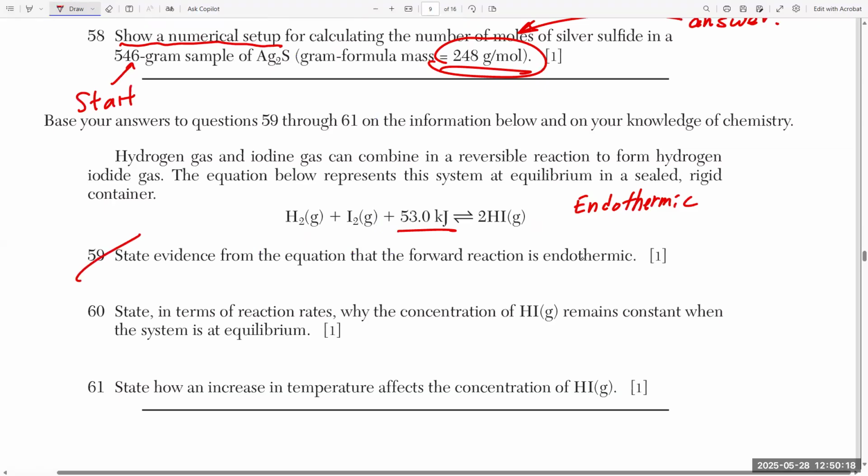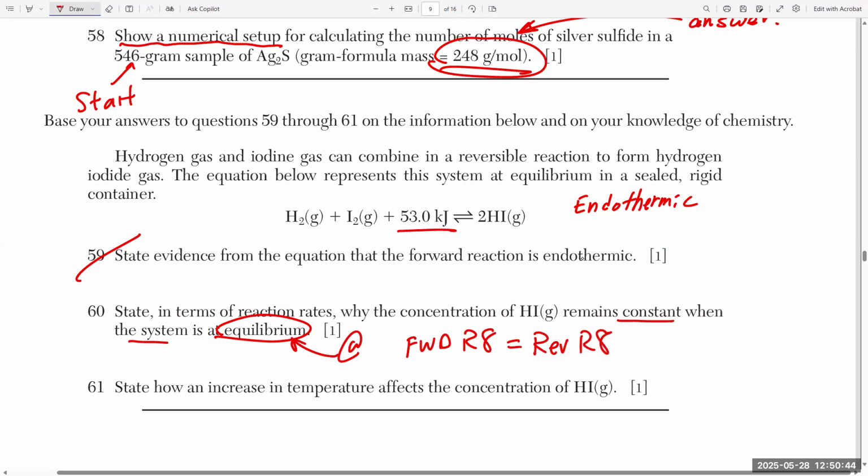State in terms of reaction rates why the concentration of hydrogen iodide remains constant when the system's at equilibrium. Once again, right? In the last 4 FRQs I looked at, it's the same exact question. At equilibrium, the forward rate is the same as the reverse rate.